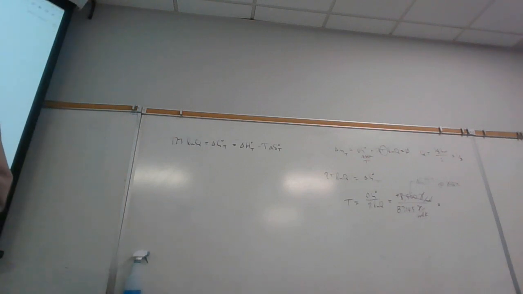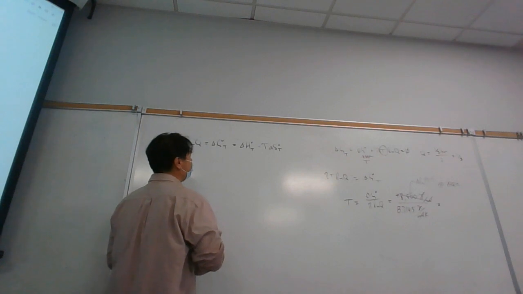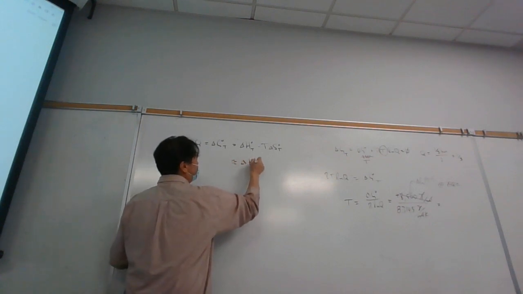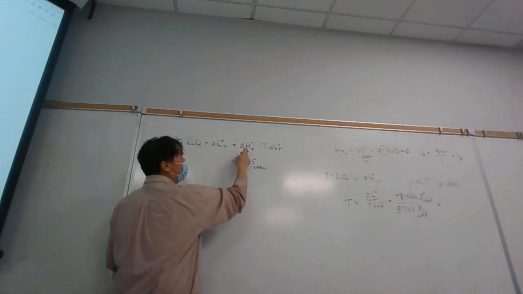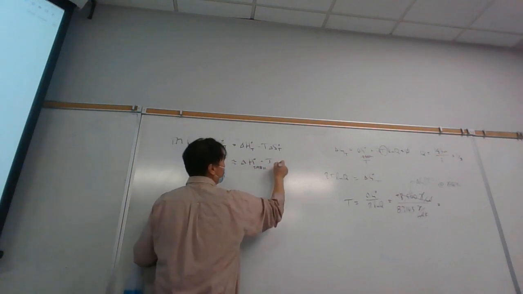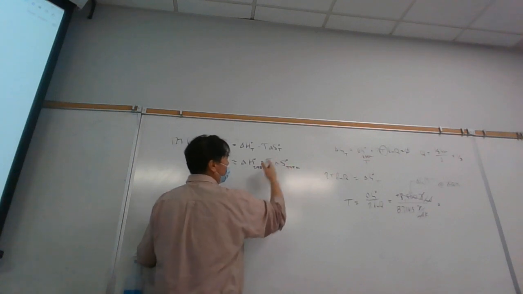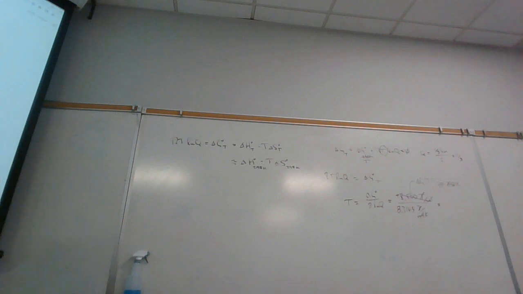However, delta H and delta S do not change significantly with temperature. And so what we're going to do is make this assumption. And the assumption is that delta H at 298 Kelvin is going to be about equal to delta H at temperature T, and then we'll have minus T, and then delta S at 298 Kelvin is going to be about equal to delta S at temperature T. Actually, we made this assumption before in the previous problem.